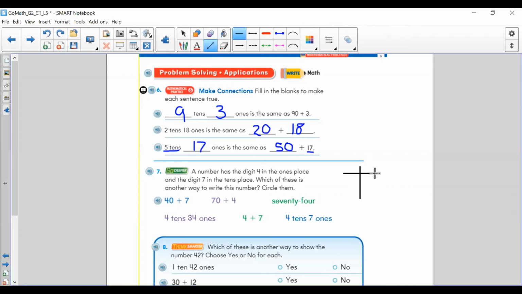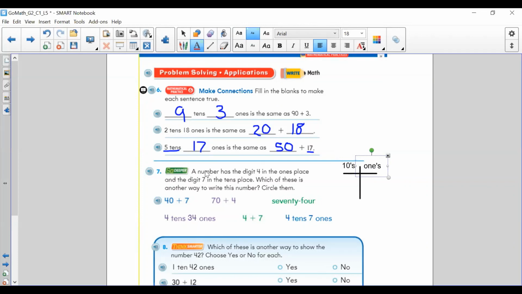Remember how we have this little T chart, and we have the tens on one side. I'll just put the tens on that side, and we have the ones on this side.